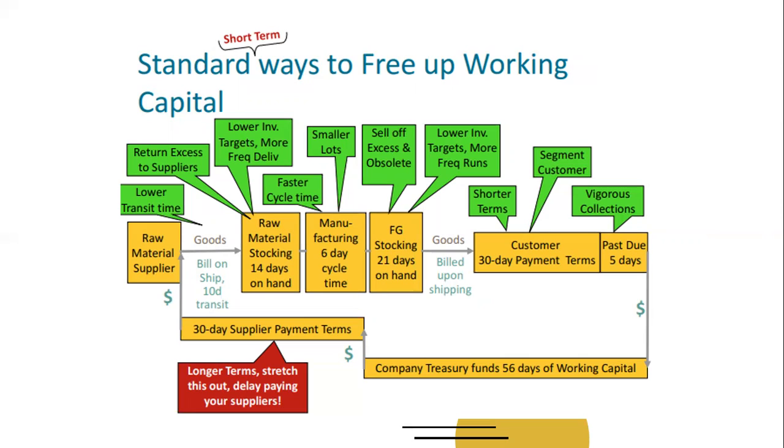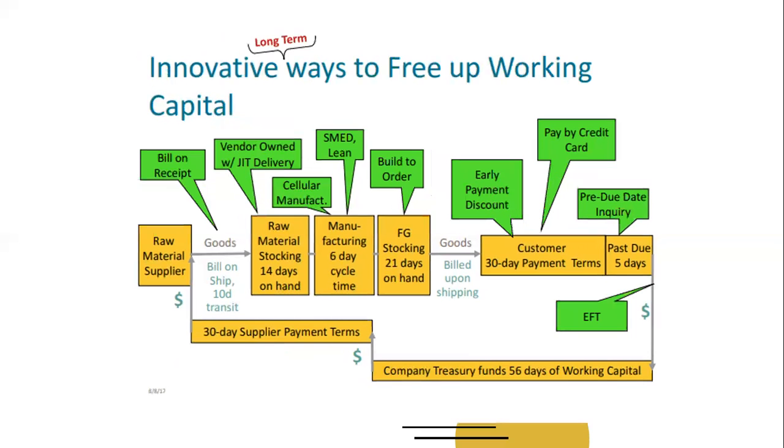If you end up with excess inventory, return it to your suppliers. Don't sit on it. Make things in smaller lots. Ask your customers to pay you earlier, and be very, very adamant about getting your payments quickly. So these are some ways to deal with your working capital issues in the short run.